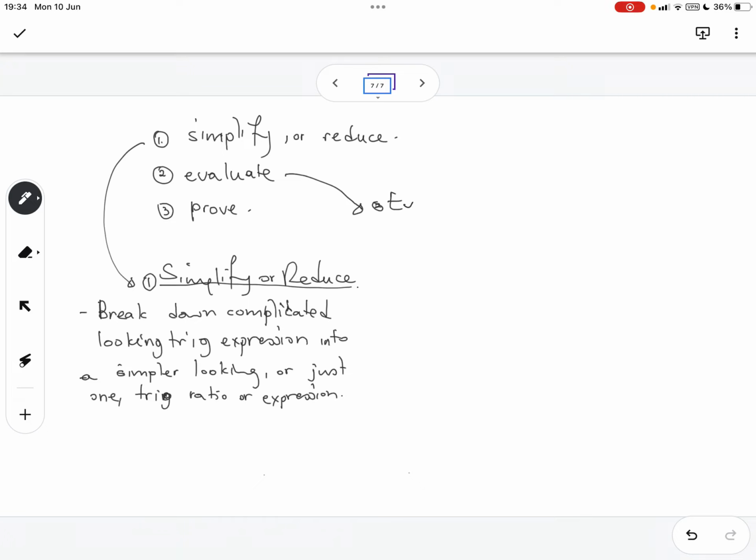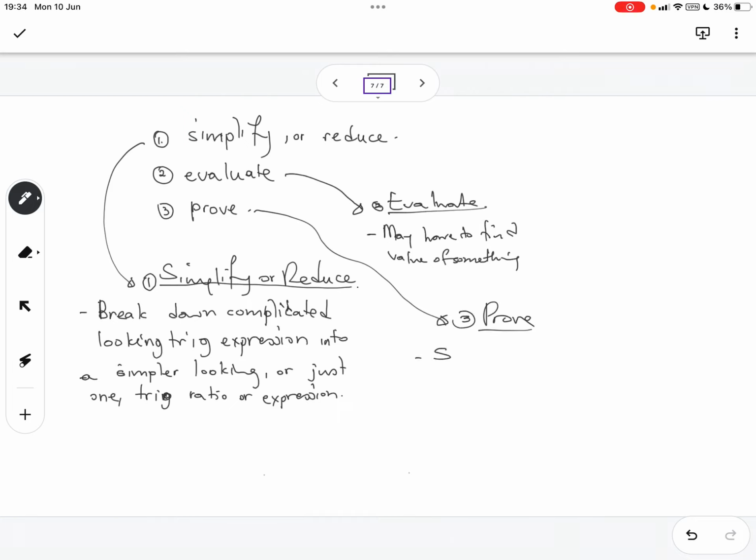Ne? And then with evaluate, you may have to evaluate, ne? So you may have to find the value of something.